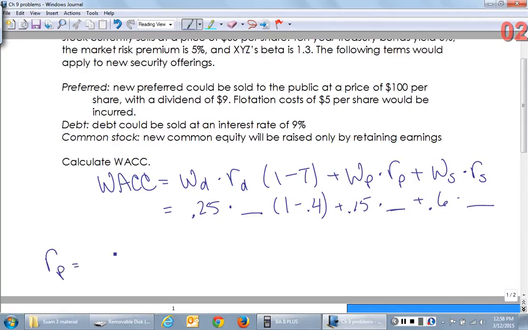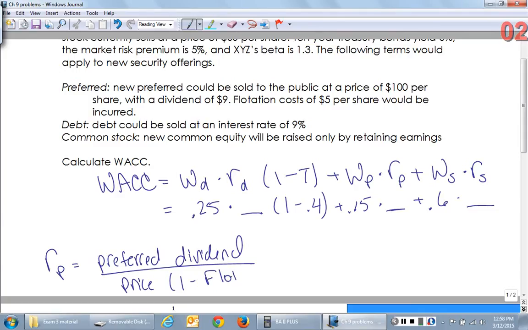The cost of preferred stock is equal to the preferred stock dividend divided by the price times 1 minus flotation costs in percentage form. So the dividend is $9, and we divide that by the price of 100 times 1 minus 5% flotation.